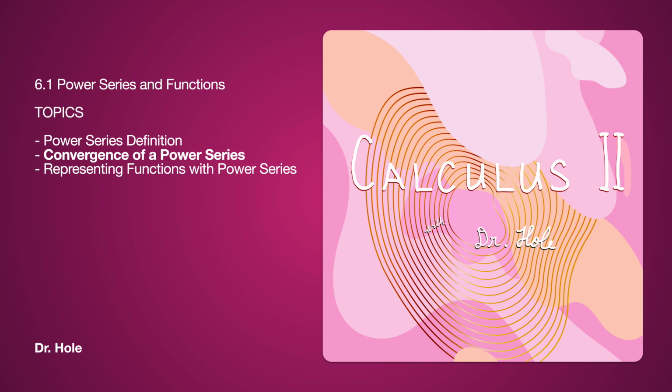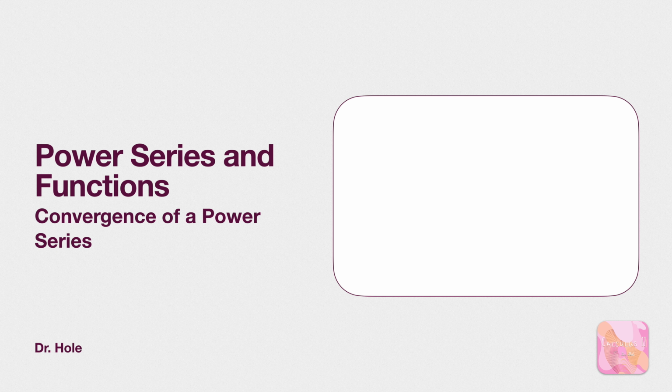A power series takes inputs x, and we want to produce outputs as a finite value. In other words, we're interested in what inputs can we pass into a power series and produce a finite value. For what inputs x does a power series converge?